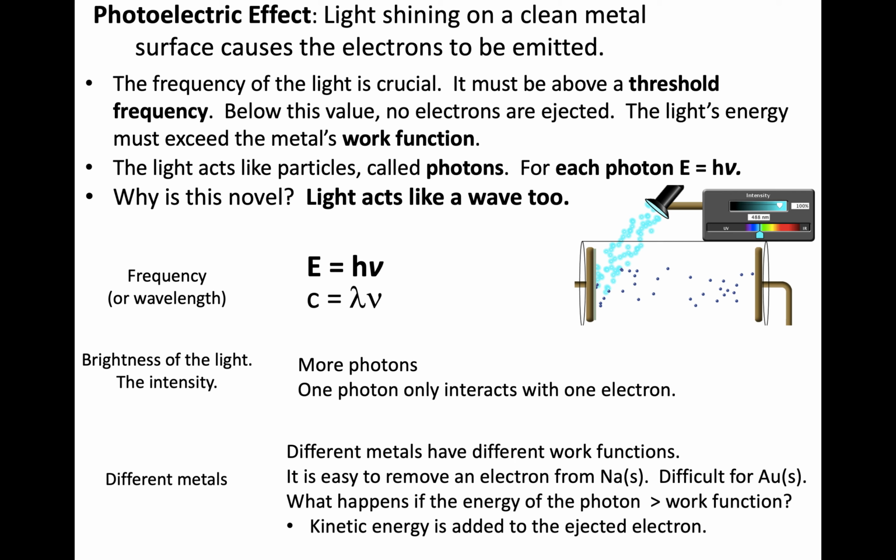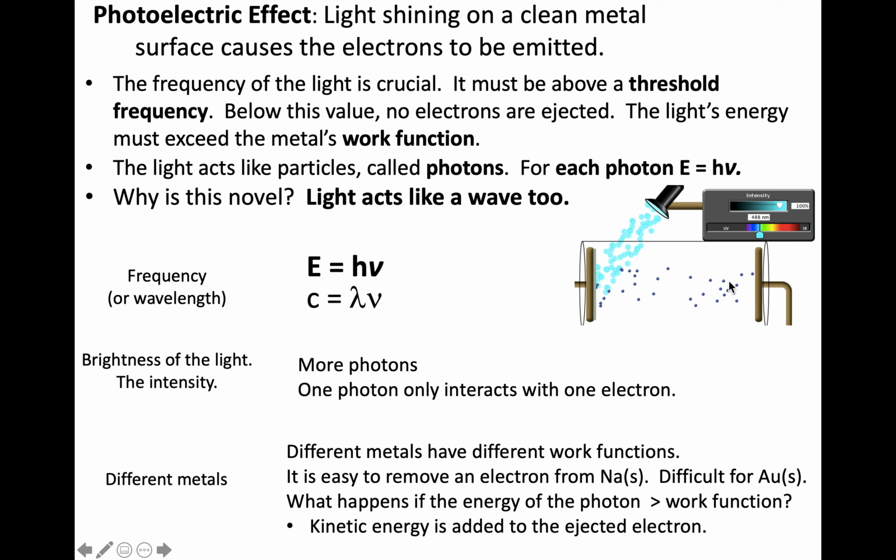Now, what happens if the photon coming in has energy greater than the work function? It causes an electron to be ejected. If it has extra energy above that threshold value, it's going to add kinetic energy to that electron. It'll give it a boost. It'll make it move across even faster.